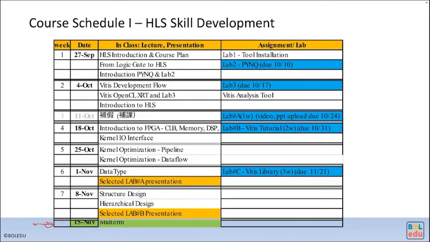And there are labs. I will introduce the labs in more detail later. For example, in this first week, we will be doing labs that basically give you the platform and let you become familiar with the device. We are dealing with 2 devices.